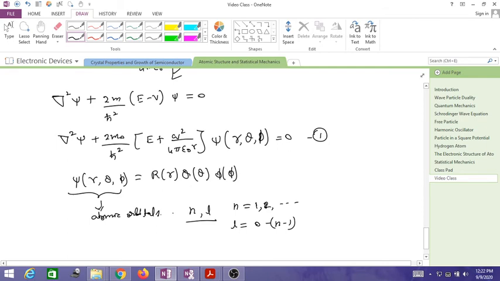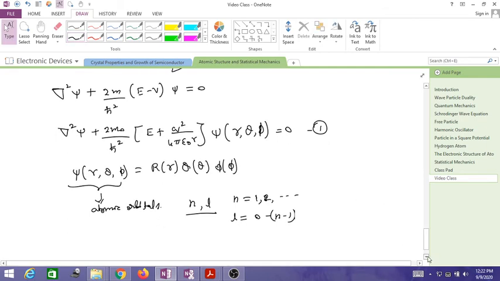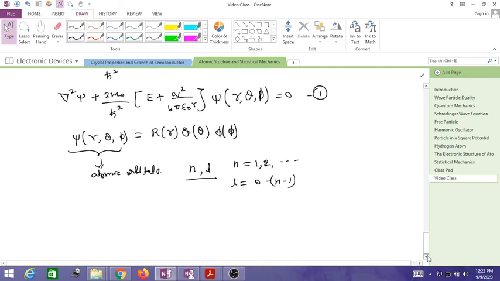If we talk about the hydrogen atom, there is only one principal shell, so the value of n becomes 1. For this case l is equal to 0 to n minus 1, so that is 1 minus 1, which becomes 0, so we have l equal to 0.